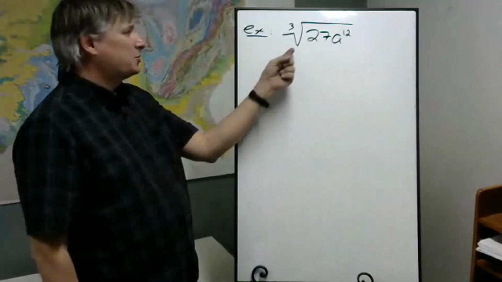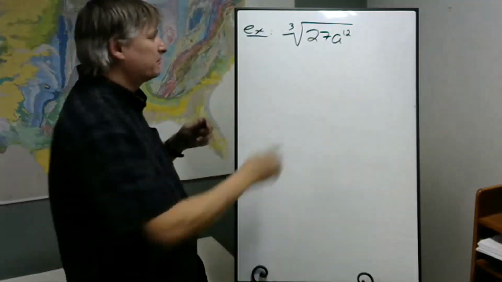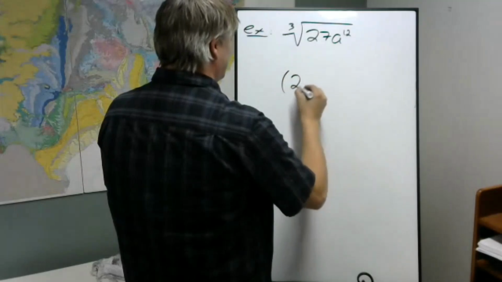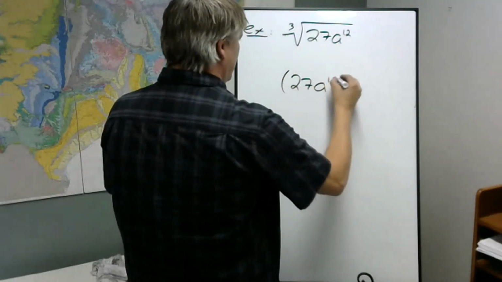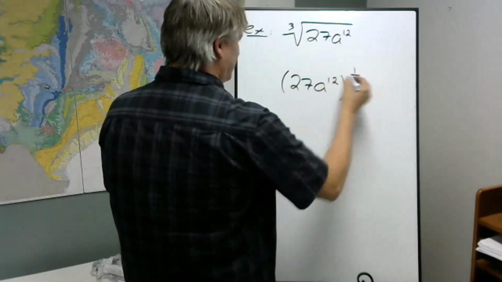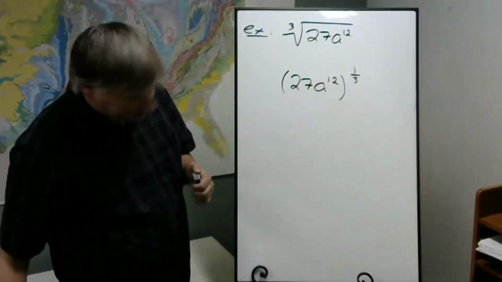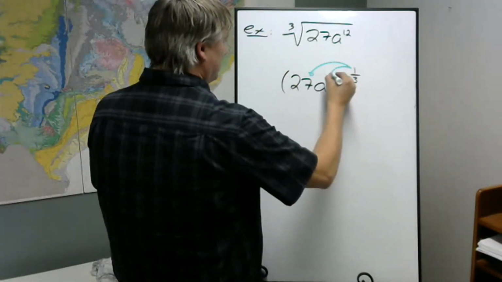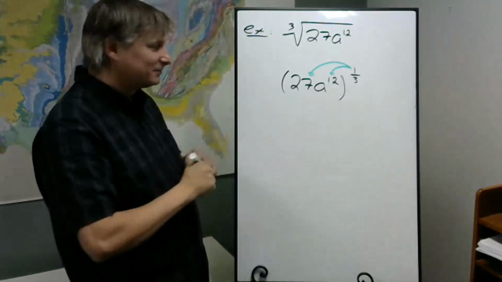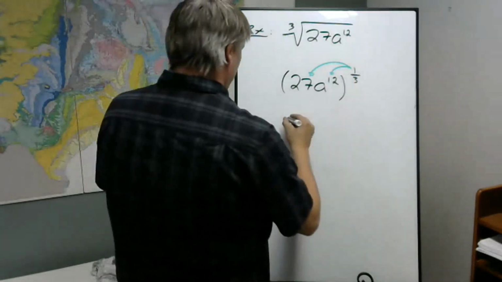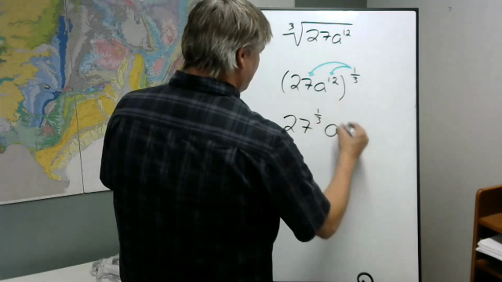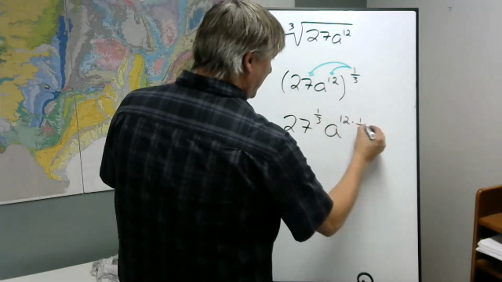So once again, we're going to treat this as a rational exponent for everything on the inside. So 27 a to the 12, to the 1/3. Distribute as an exponent. 27 to the 1/3, a to the 12 times 1/3.